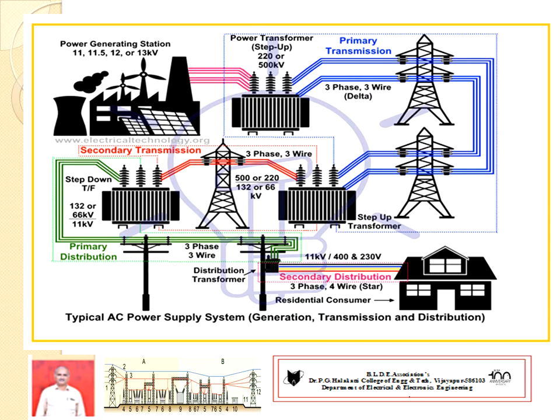Try to understand: the transmission parts are all 3-phase 3-wire AC systems. Primary distribution and secondary distribution are 3-phase 4-wire systems, because the consumers may be single phase, or 3-phase star connected with use of a neutral wire.